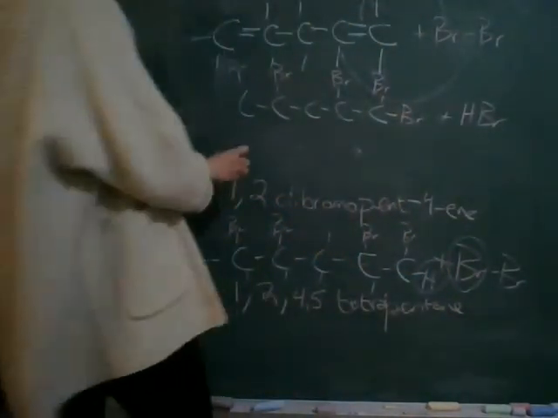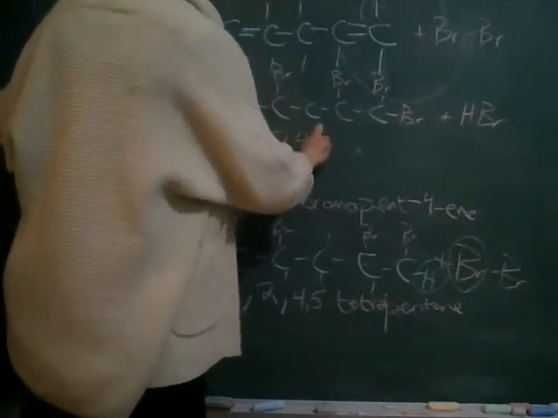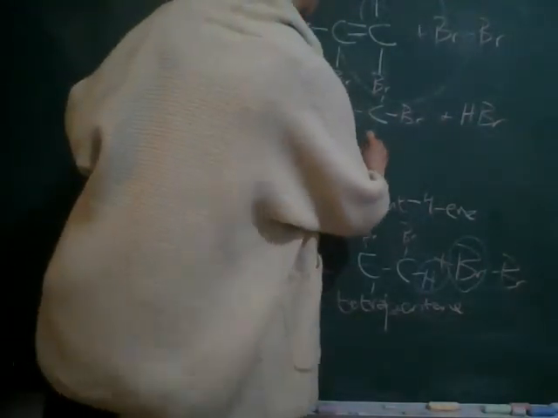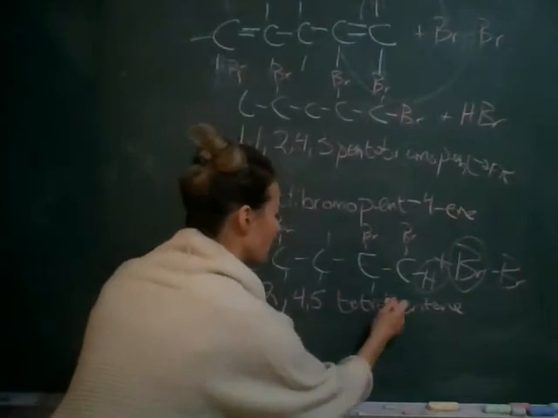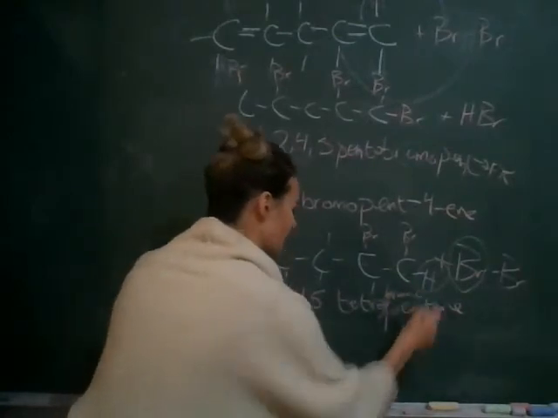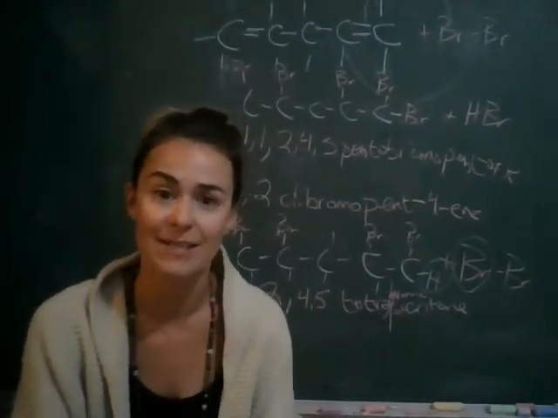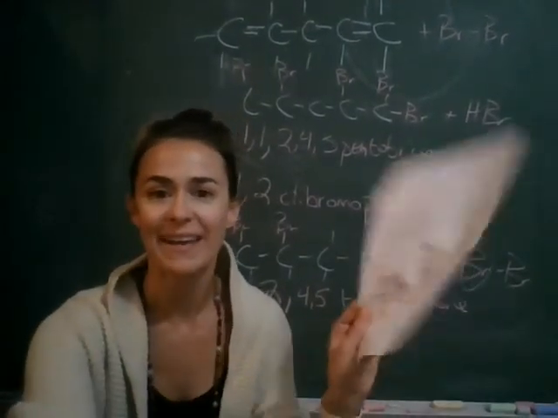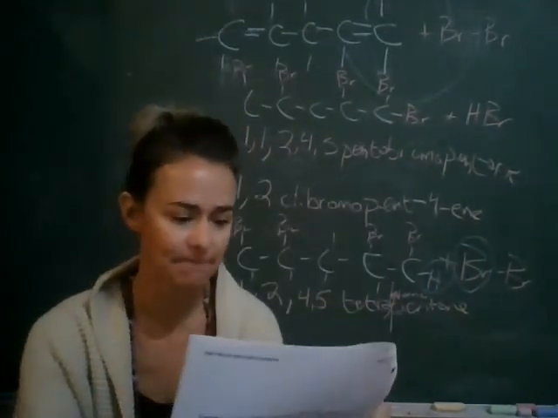So that's where you get 1, 1, 2, 4, 5 pentabromo pentane. Okay, and I just realized I forgot my tetra bromo here. Sorry. Okay, so tetrabromo pentane. So hopefully that answers the questions that you guys had on that. Like I just didn't fill out that version for you guys on your guys' notes.